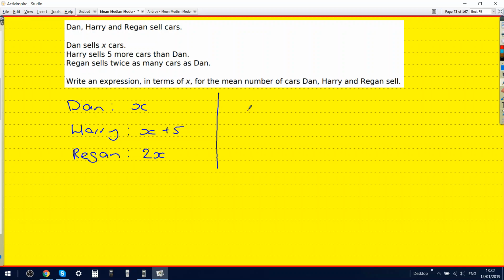And so you know the way you always, for the mean, you add them up? Yeah. So X plus X plus 5 plus 2X. And that's all divided by 3.